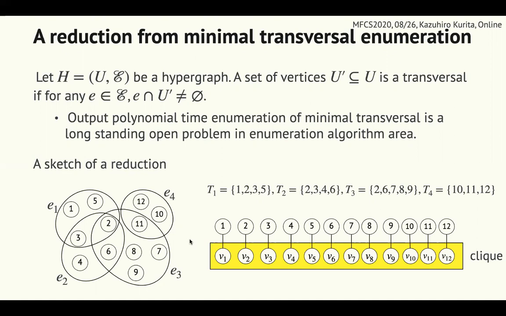Moreover, each Ti corresponds to each hyperedge in H. To separate at least one pair of vertices in Ti, we have to select at least one vertex in Ti. It corresponds to a minimal transversal of H. Thus, this problem is harder than the enumeration of minimal transversals.